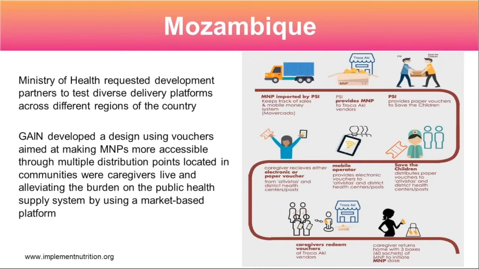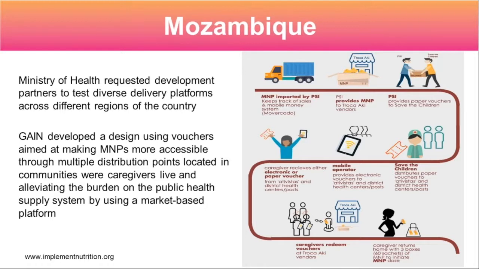We worked with Population Services International, or PSI, to import the MNPs, and PSI also produced paper vouchers. PSI then provided the MNPs to small shops, which they had contracts with to redeem the vouchers. These shops were referred to as troca akis.